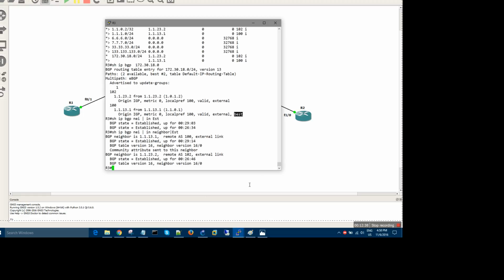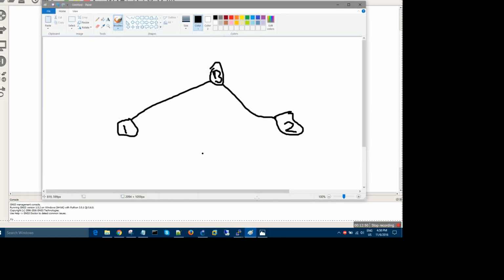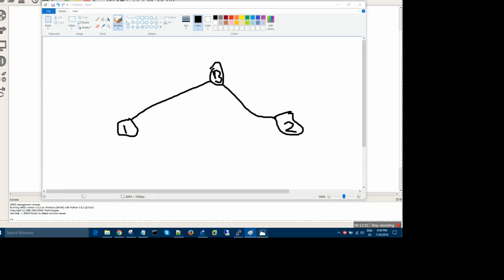If we reset this neighbor, for sure it is going to take this one and it will never come back to this one. So this was the main purpose of this video, where I got clarity on the oldest route in the routing table, the age, and it's not for IGP.